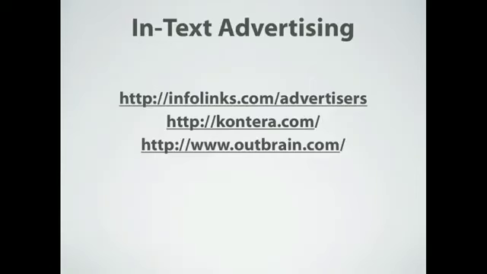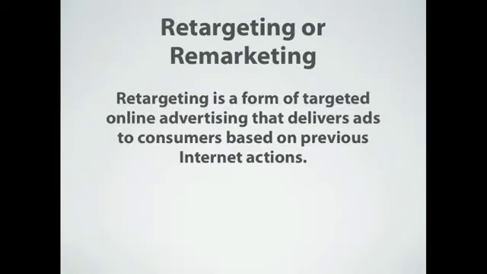Now, the next type of marketing that I do want to talk to you about is retargeting or remarketing. And this is really one of the newer forms of marketing that's out there. What retargeting is, it's a form of targeted online advertising that delivers ads to consumers based on previous internet actions.